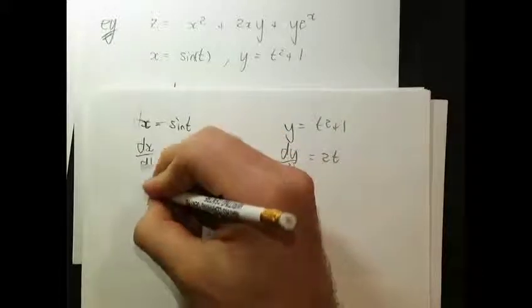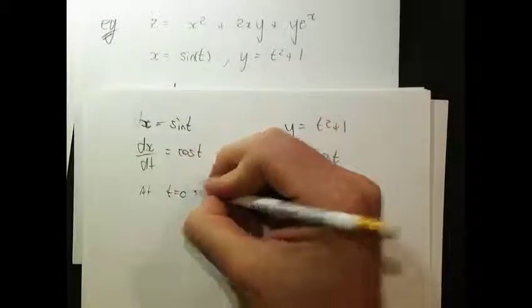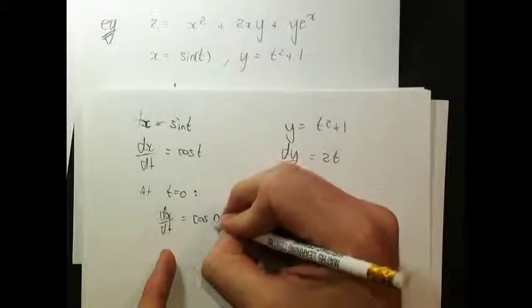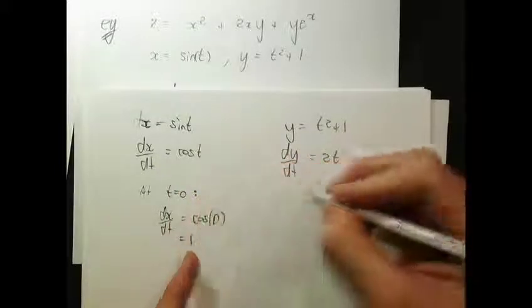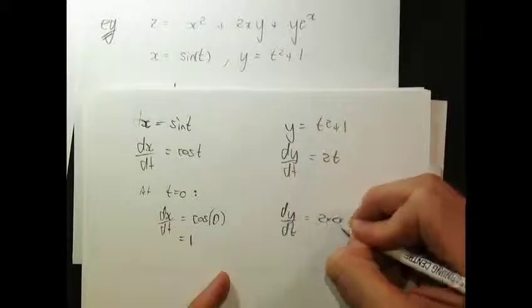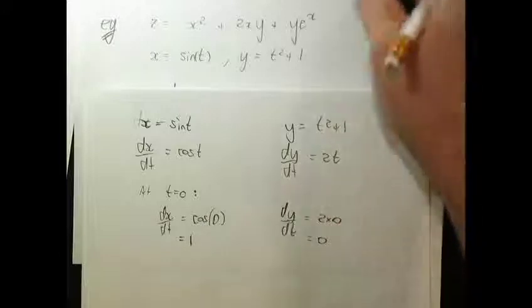Cool. And that means that at t equals 0, I get dx on dt is cos of 0, which is 1, and dy on dt is 2 times 0, which is 0. Lovely.